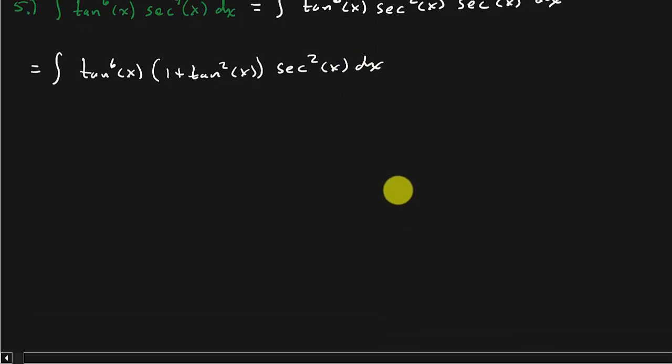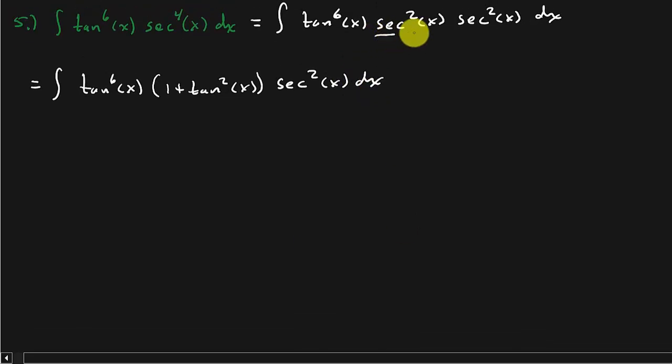All right, so all I did is I rewrote this secant squared as 1 plus tangent squared. And now let's use u substitution. So u is equal to tangent x, so du is secant squared x dx.